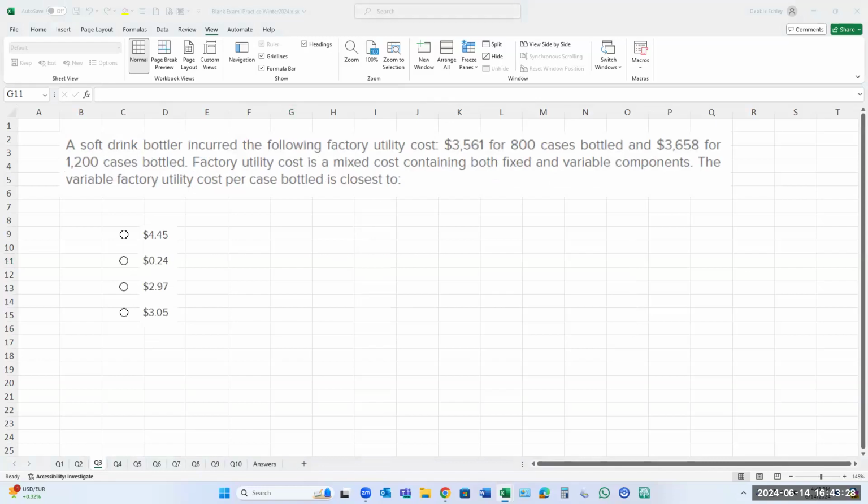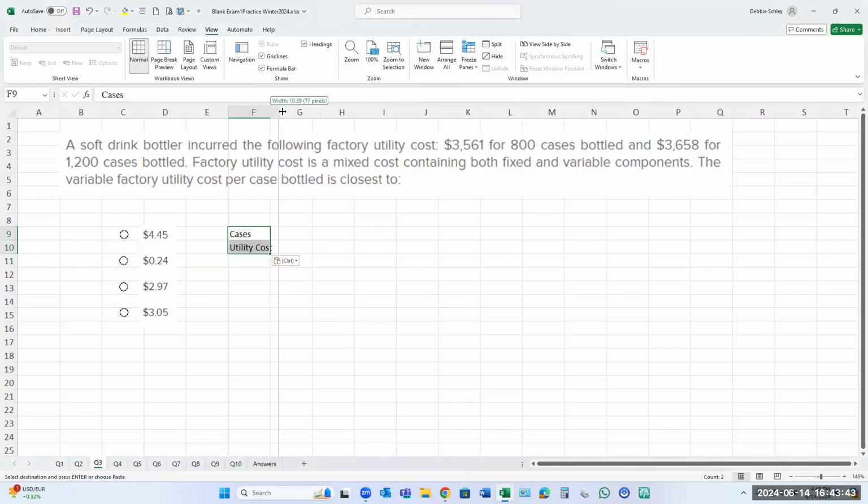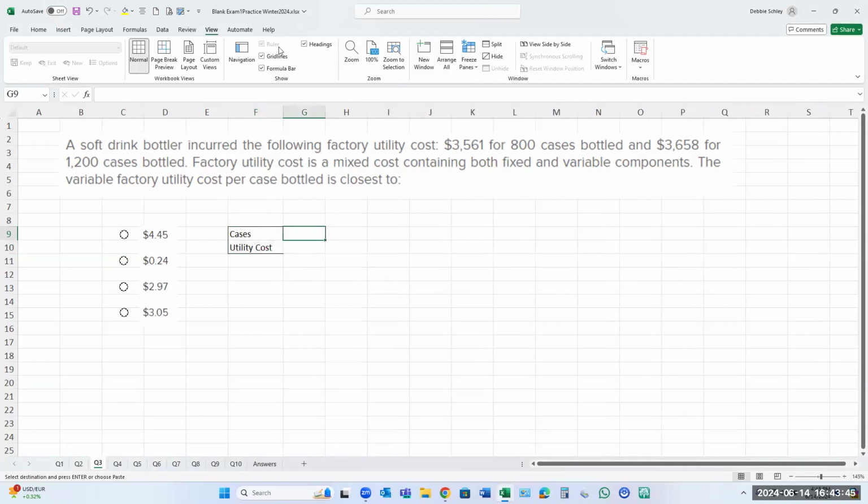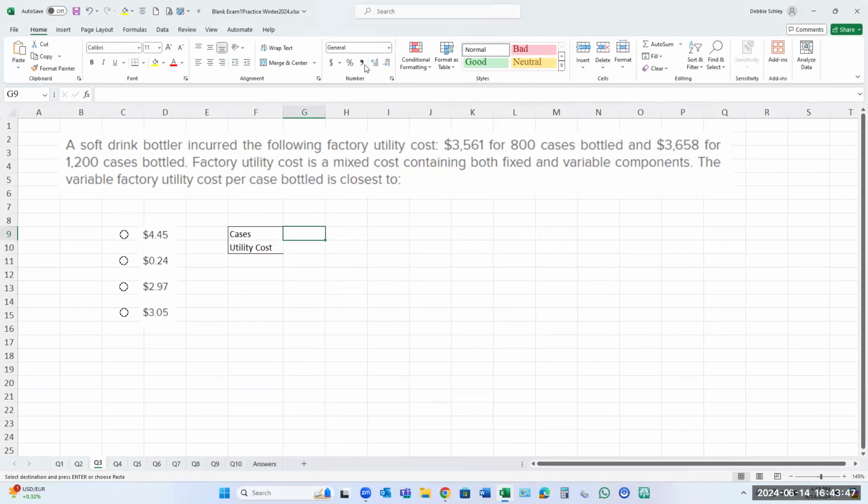Okay, question 3. A soft drink bottler incurred the following factory utility costs. Okay, so this one is going to be cases, and this one is going to be cost.